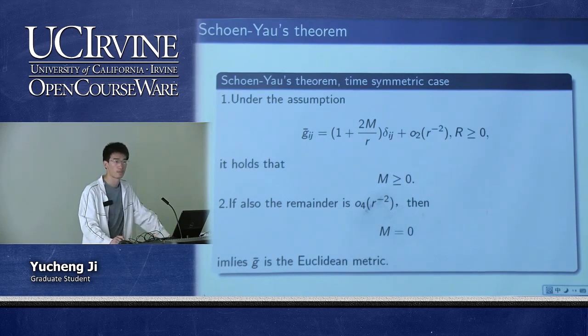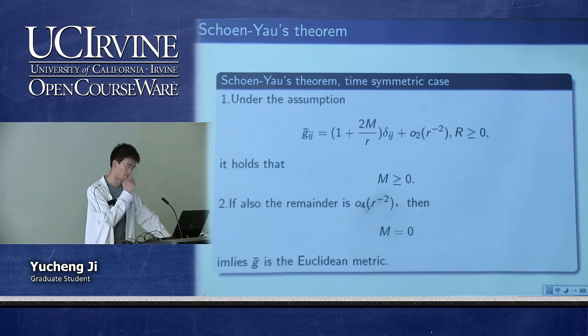And that's just the spatial part, right? Yeah, just the spatial part. And the scalar curvature of the spatial part is positive. Then it holds that the mass is positive, and the second part is that if m equals 0, then the metric is Euclidean.